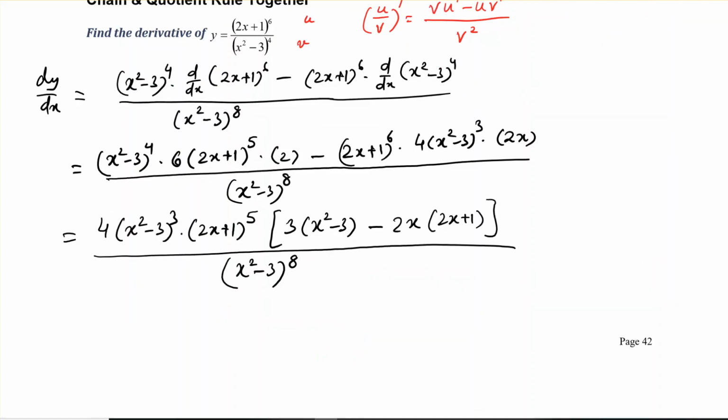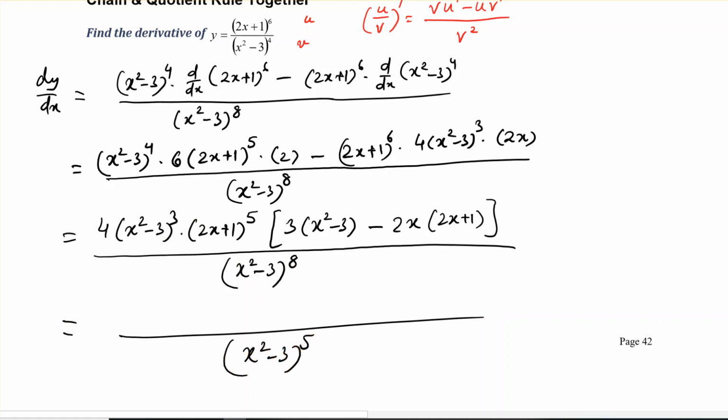In the next step, we notice that we have 3 copies of x square minus 3 here and 8 copies here. So we get rid of 3 copies, and we are left with 5 copies in the denominator. So x square minus 3 raised to power 5, and we have 4 times 2x plus 1 raised to power 5.